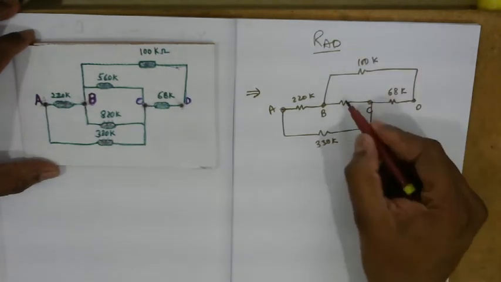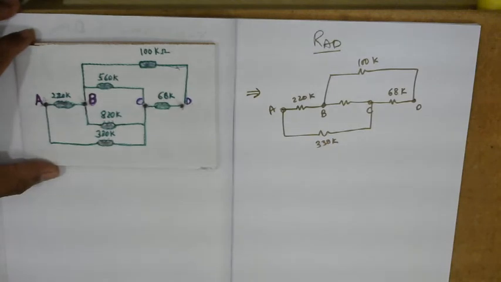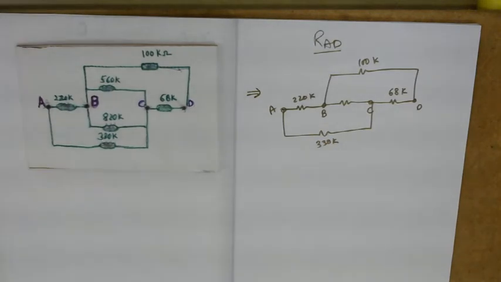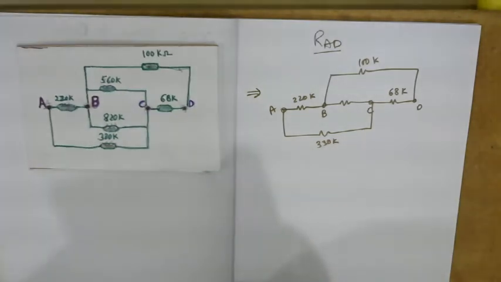Now what is this value? 560 and 820. We have already done that before, but for the sake of practice, let me do it again. Okay? So I just take out my calculator.